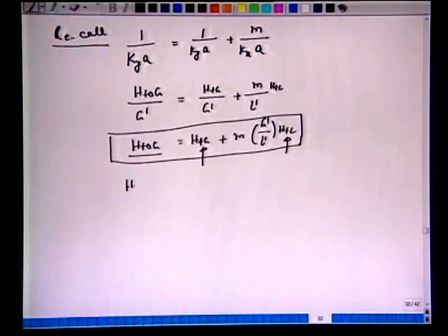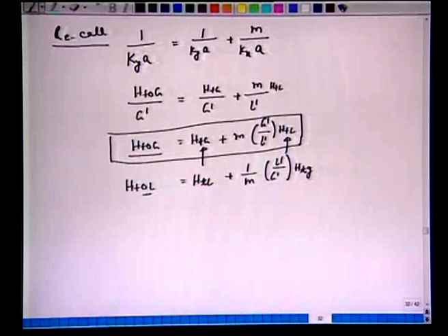Similarly, one can also show that HTOL, the height of a transfer unit based on the overall liquid phase, will equal HTL, the individual one, plus 1 over m, L prime over G prime, HTG. So, these are different ways of writing this.